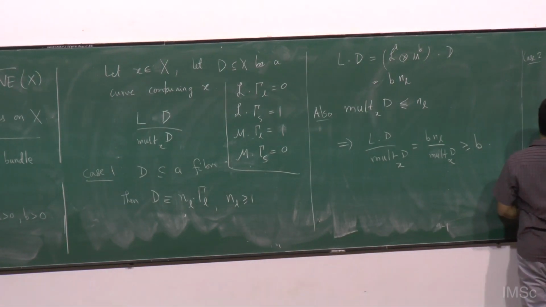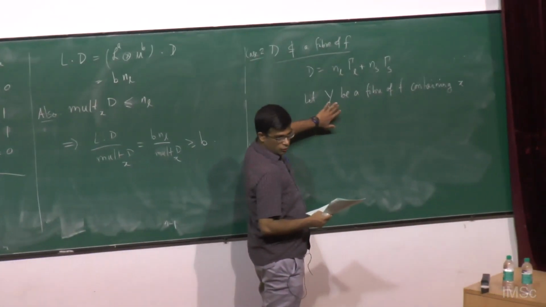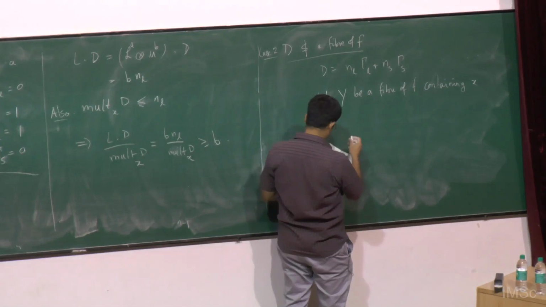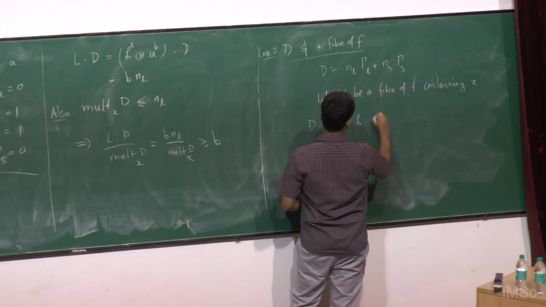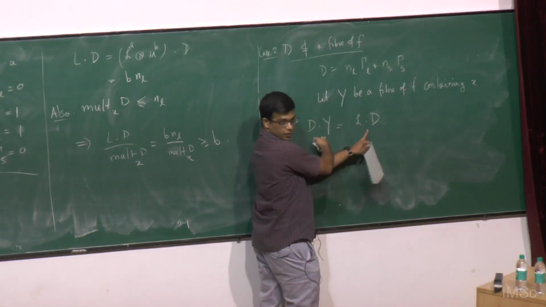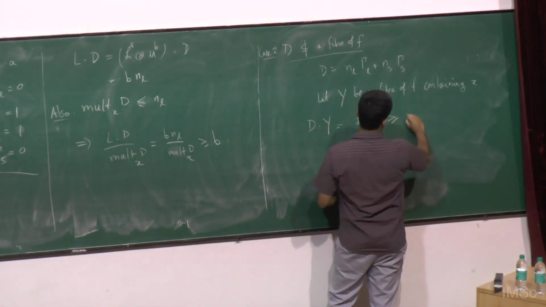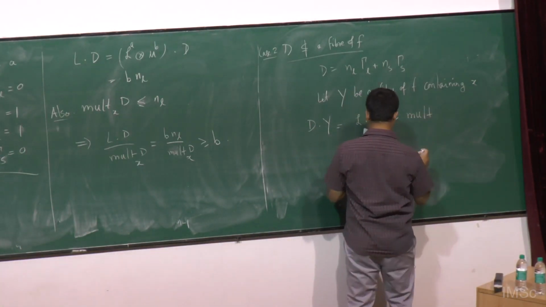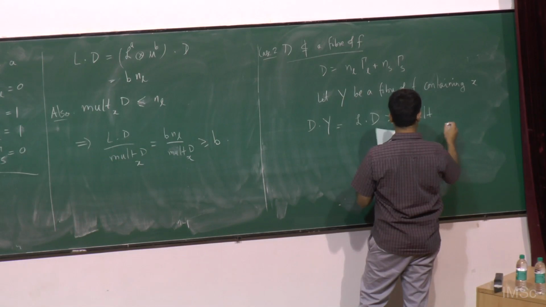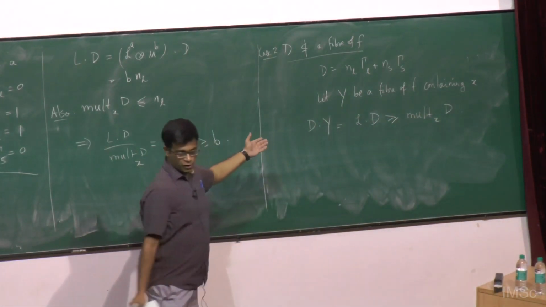So D dot Y, so D is a curve, Y is a divisor. So D dot Y I can talk about, which is of course L dot D, because Y is a fiber, L is the class of a fiber. So this is a Bezout's theorem statement.